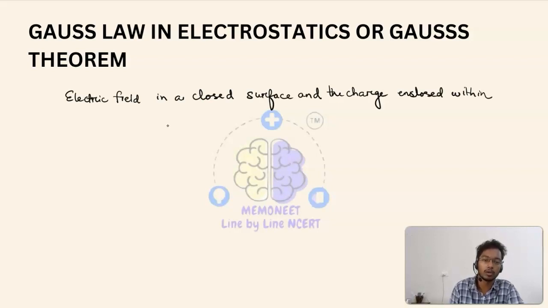The Gaussian surface is an imaginary surface we have taken according to our convenience to find out the electric field.